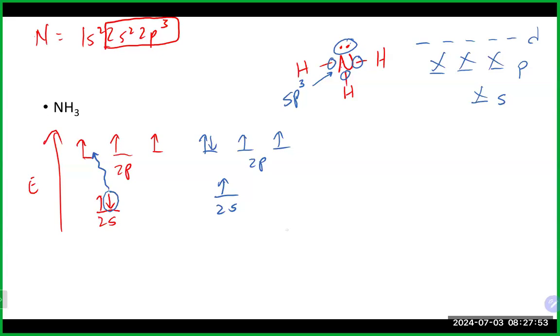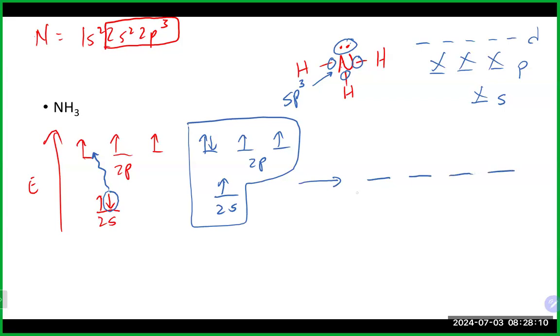And because it's going to hybridize as sp3, it's going to take all these and they're going to go through hybridization. Because we took 4 atomic orbitals, we're going to end up with 4 hybrid orbitals, and each of these are going to be sp3 orbitals.